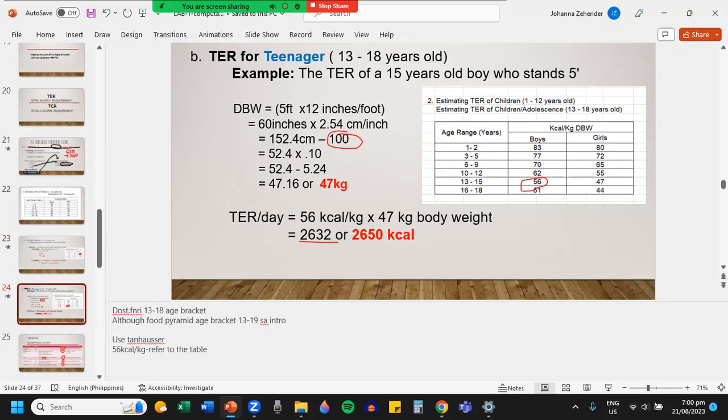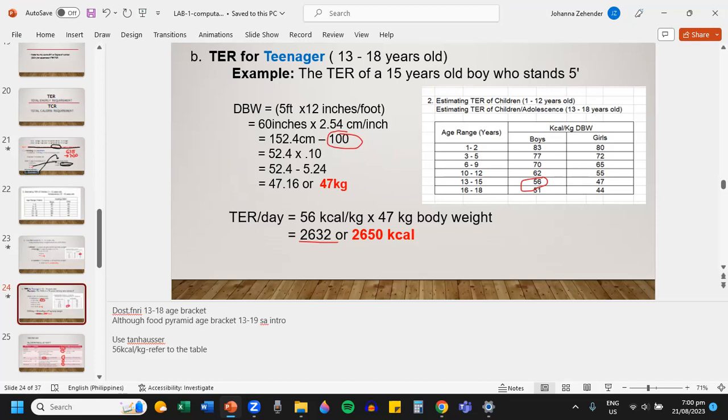Next, we proceed to the TER for a teenager. Again, the age range for a teenager is 13 to 18 years old. Let's say you have this problem: compute the TER of a 15-year-old boy who stands 5 feet in height. Again, you're going to do the basic conversion. 5 feet is converted into inches and then into centimeters. 5 feet times 12 inches is 60 inches.